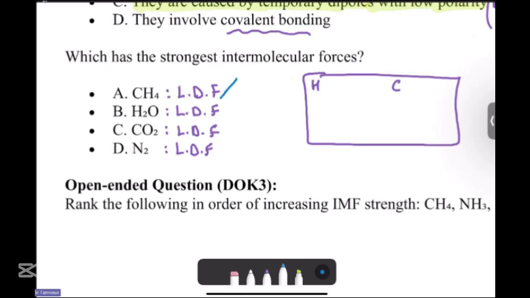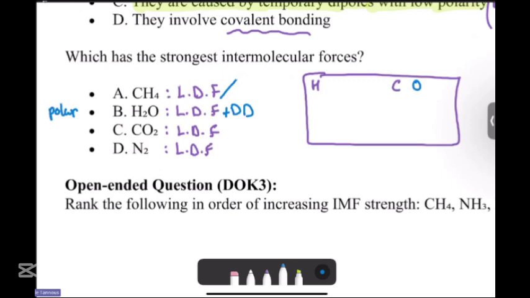No. For H2O, H and O, this is polar, so this will also have dipole-dipole interaction. CO2 is a non-polar overall molecule, but it does have some dipole-dipole.